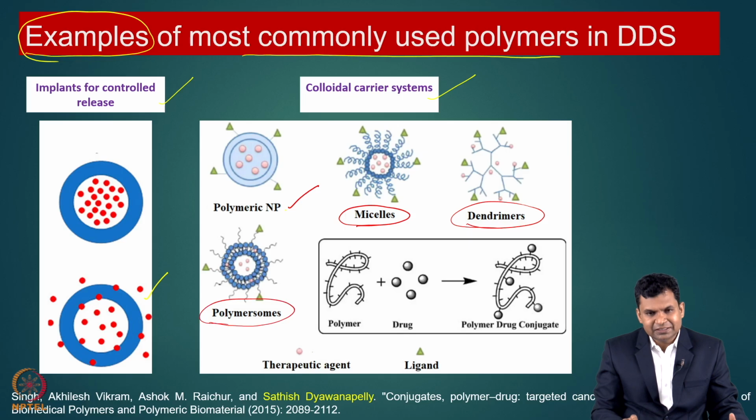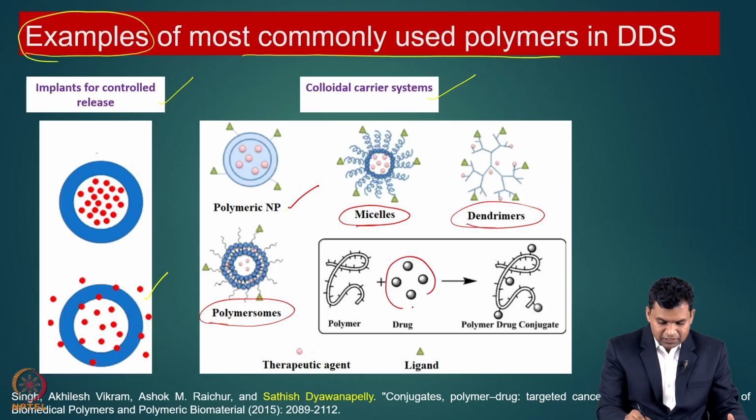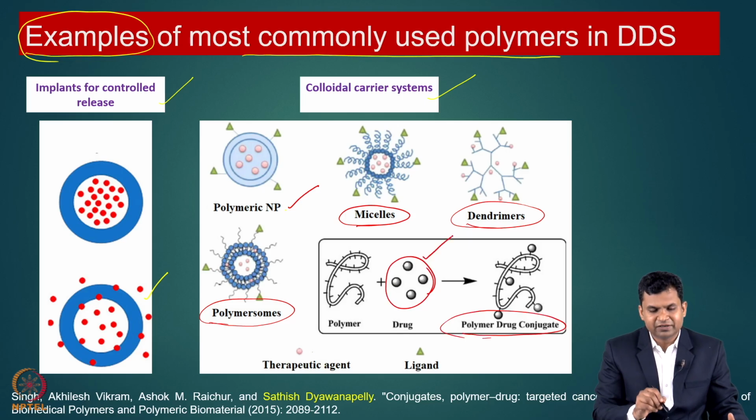And not only that, we can conjugate polymers with various types of drugs, which is called polymer drug conjugates, and the response of the free drug in the body is completely different from the drug conjugates.